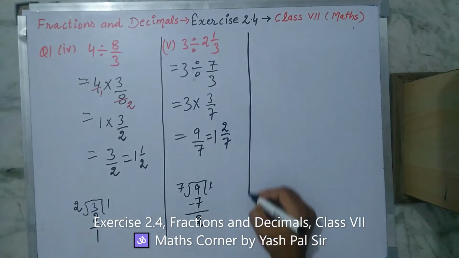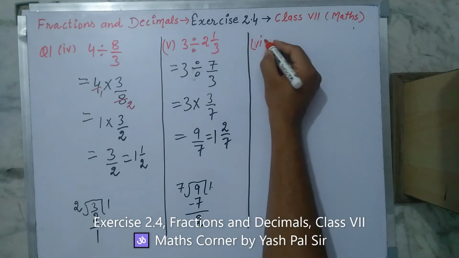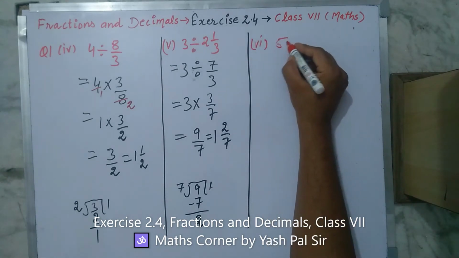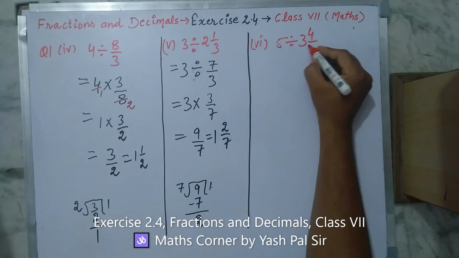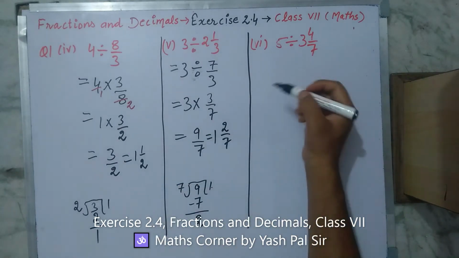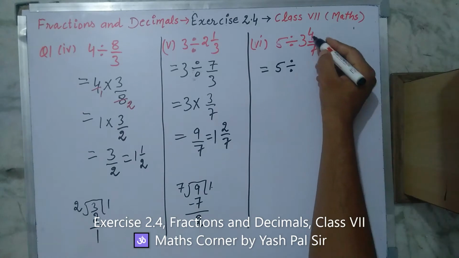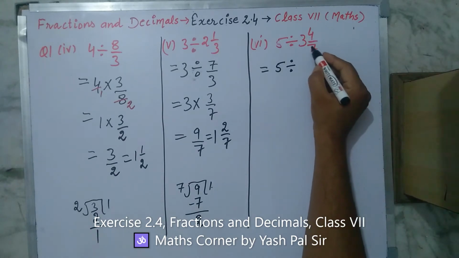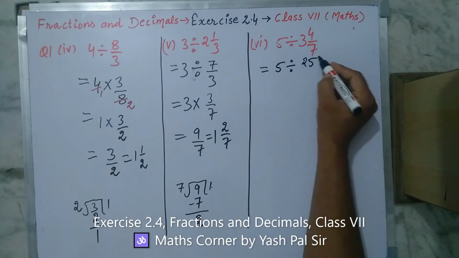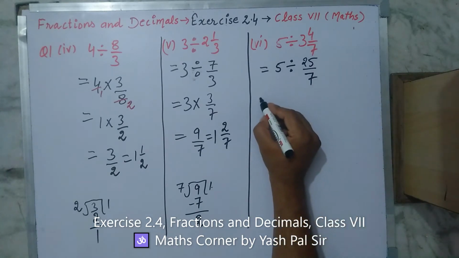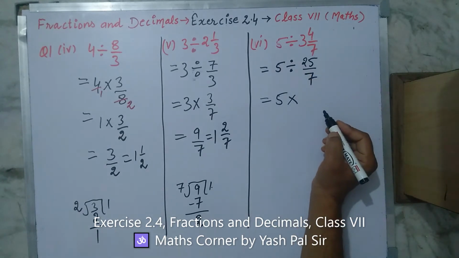Now the sixth part is 5 divide 3 and 4 by 7. So how to solve this question? First of all, changing the mixed fraction into an improper fraction. 7 into 3, 21. 21 plus 4, 25 upon 7. Now converting this division sign into a multiplication sign.